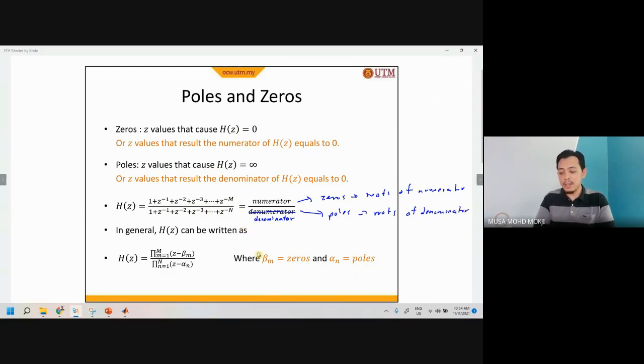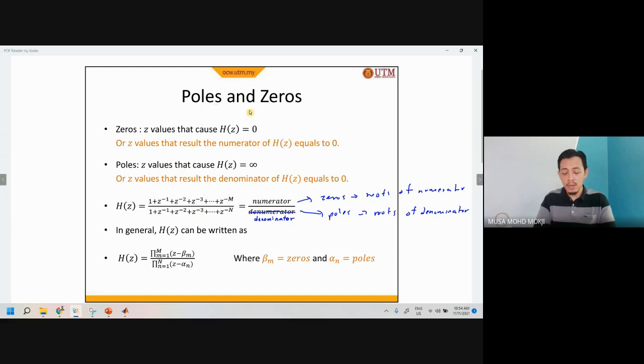That's actually just maths. So whenever you have H(z), you find the roots of the numerator to get your zeros, and the roots of the denominator to get your poles. Today we're just going to look at how to get the poles and zeros only.